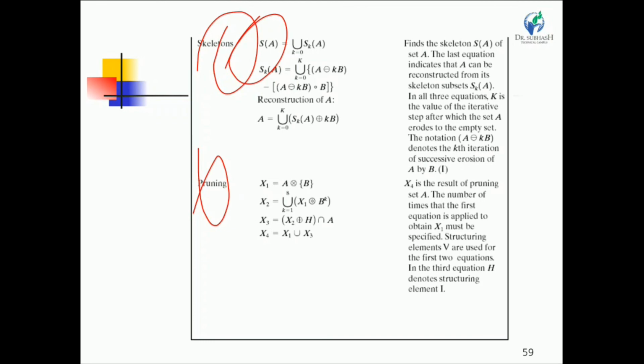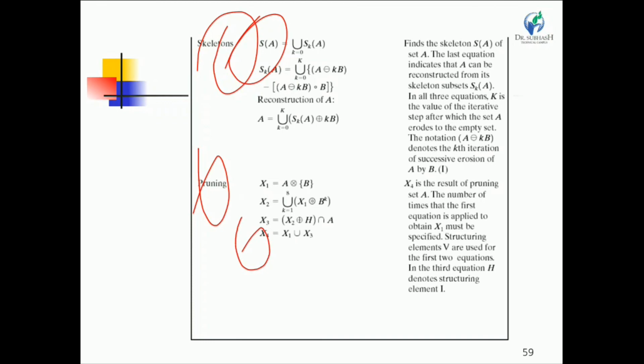The notation A erosion with k of B denotes the kth iteration of successive erosion of A by B. And pruning is the result of different equations, where X4 is X1 union X3, and X4 is the result of pruning of set A.